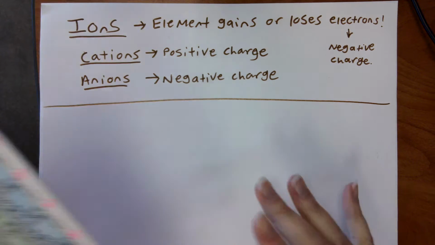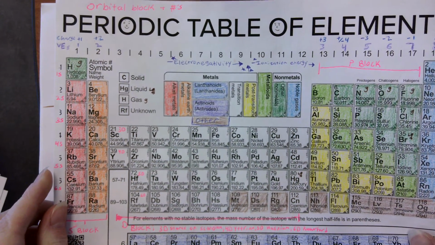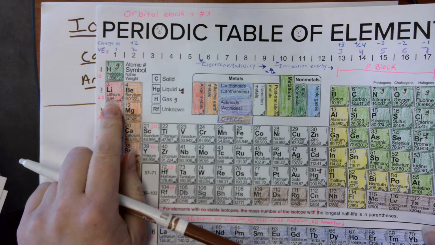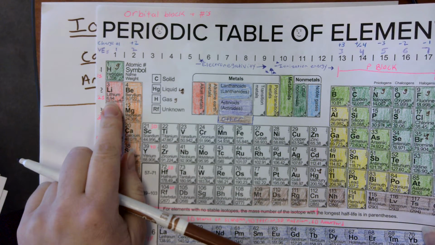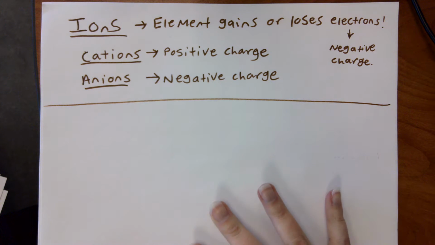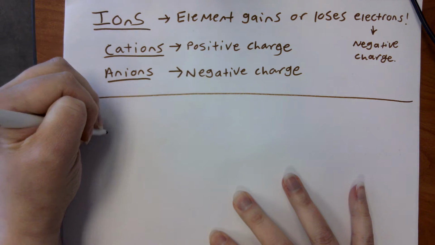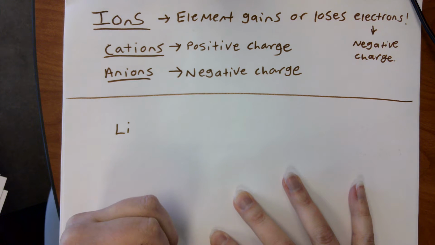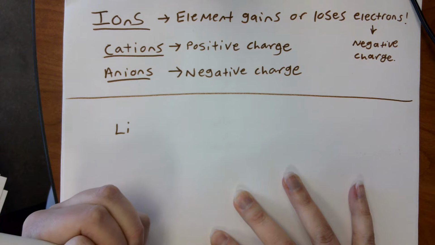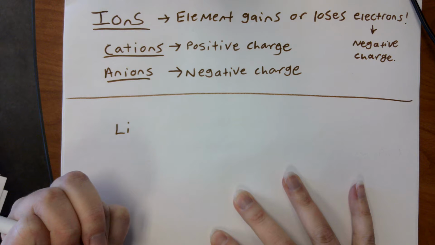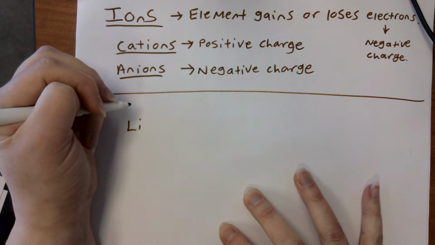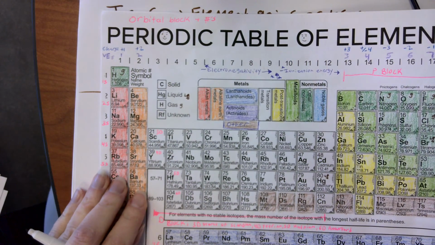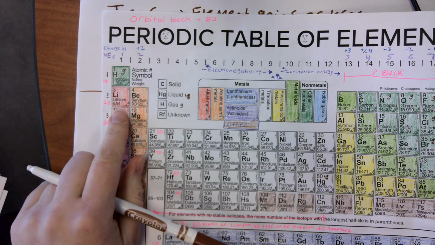Let's start off with an example. Let's look at the example of lithium. From our last unit, like our last week's talk, we know that lithium has how many valence electrons? If we look at the periodic table, lithium's right here.